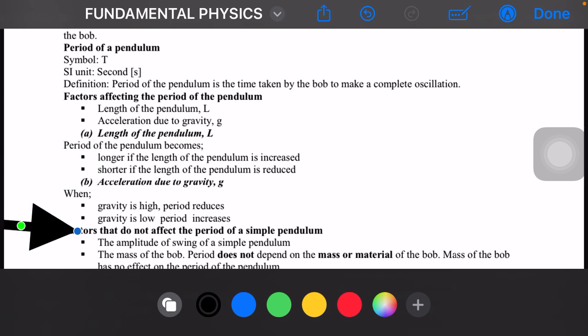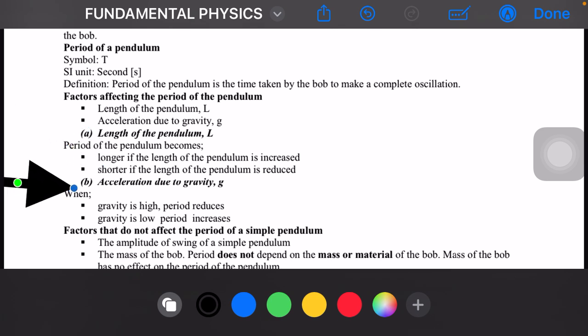Now we need to know factors that do not affect it. There's a difference here: factors that affect and factors that do not. So in the exam, a question can come saying what are the factors that affect the period of the pendulum? You need to mention these 2 points here.